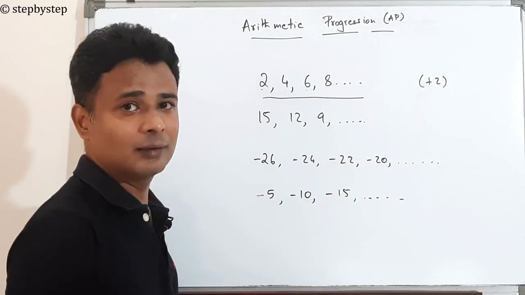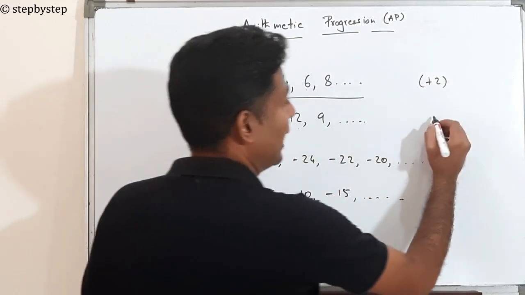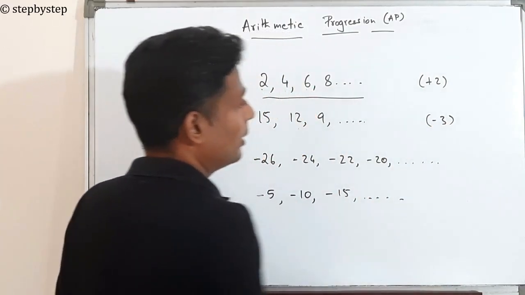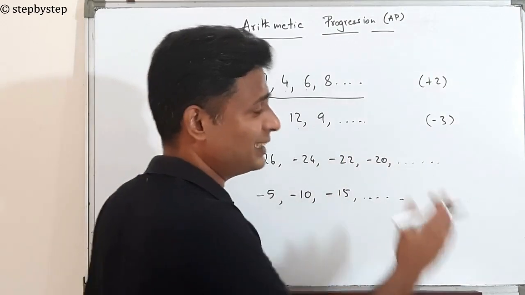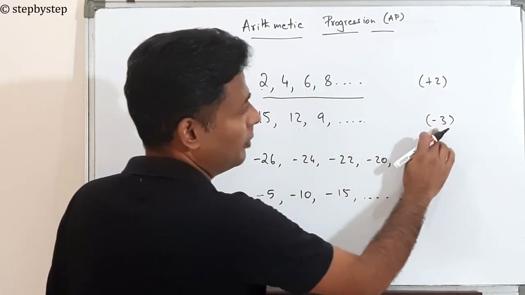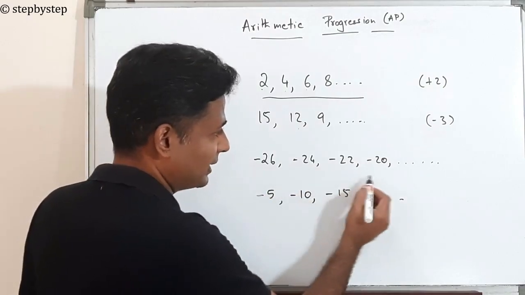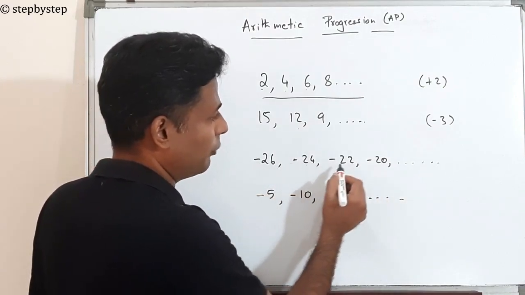What about this? 15. 15 minus 3, 12. 12 minus 3, 9. So what is happening? The next number is always decreasing by 3, which means every time you have to add minus 3. What about this? Minus 26, minus 24, minus 22.